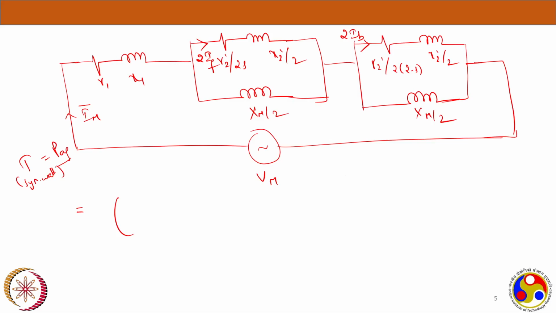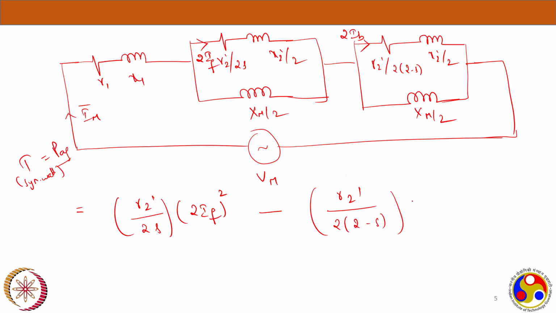So here 3 is for three phase, here it is single phase, so only one time we will multiply. The resistance here is R2 dash by 2S multiplied by the current 2IF squared, minus, in the backward field circuit, R2 dash by 2 into 2 minus S multiplied by 2 times IB squared.